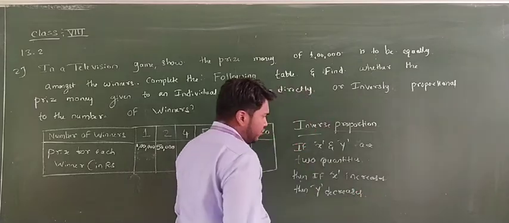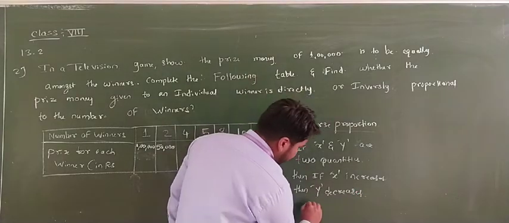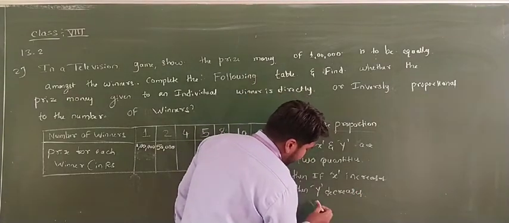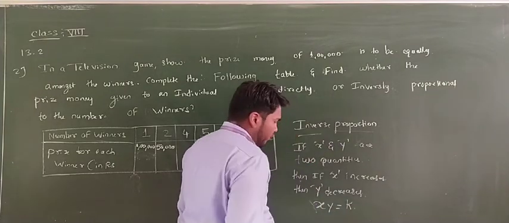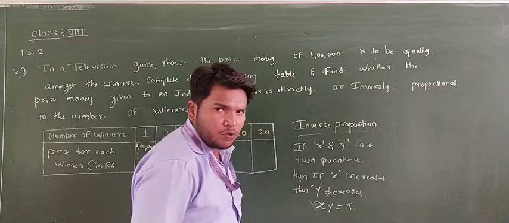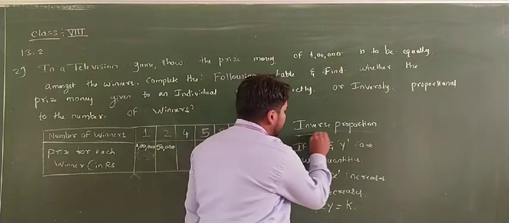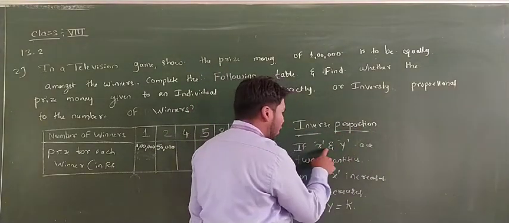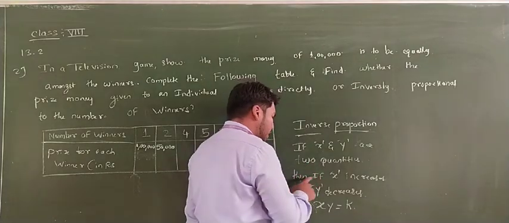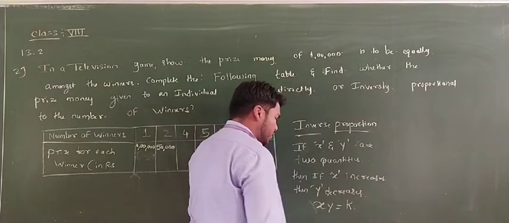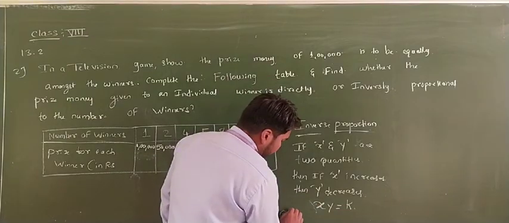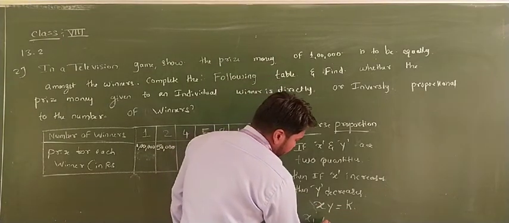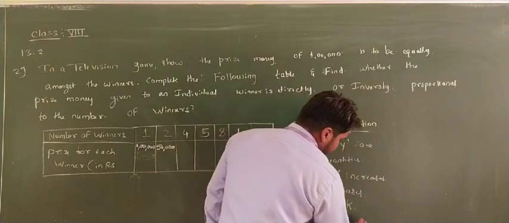This is the definition, and the expression is xy equals k. If xy equals k, then it holds good for inverse proportion, or we can say x1 y1 equals x2 y2.